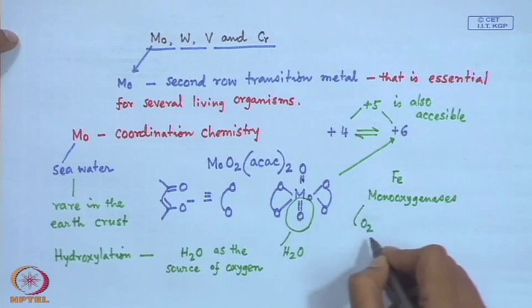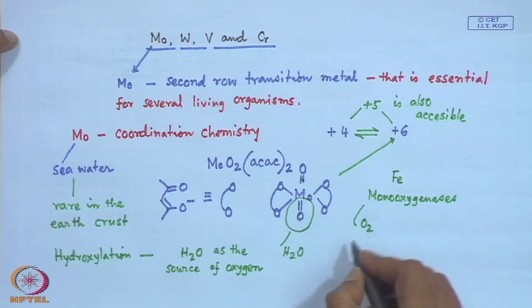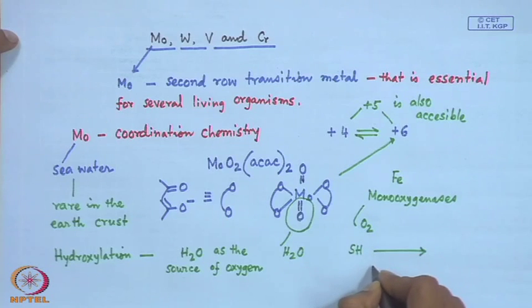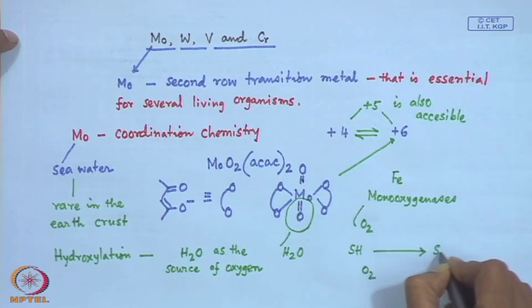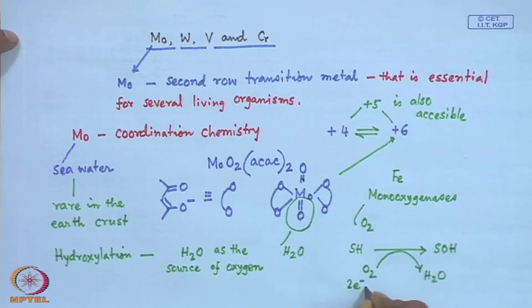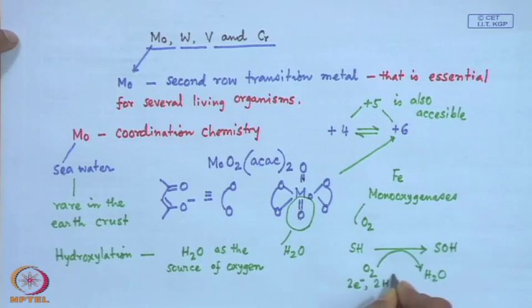So, this O2 is basically hydroxylating our species; if we had the substrate, SH can be hydroxylated to SOH. Here, any kind of substrate utilizes water, forming H2 over there. So, water, then 2 electron and 2 proton.